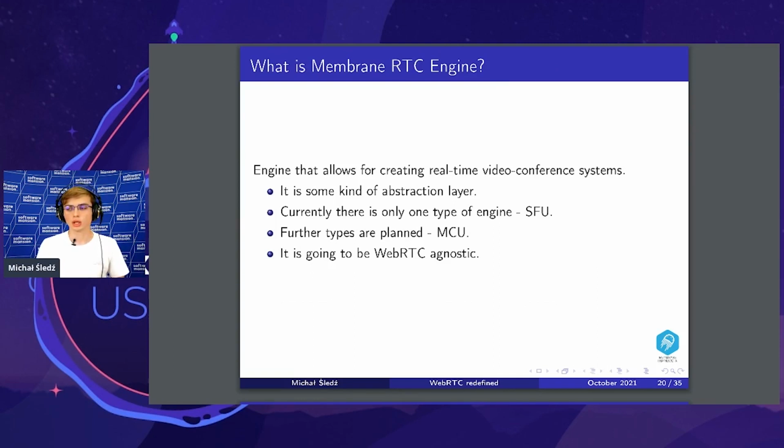I would say that RTC engine is some kind of abstraction layer that allows you to create video conference systems. You can think about each instance of RTC engine as a room. Each instance of RTC engine can be a single video room.